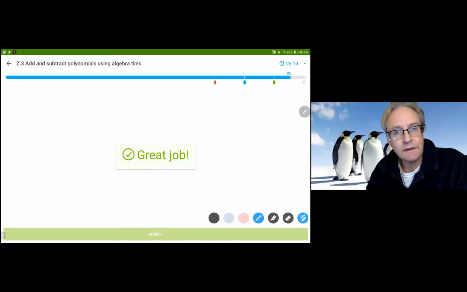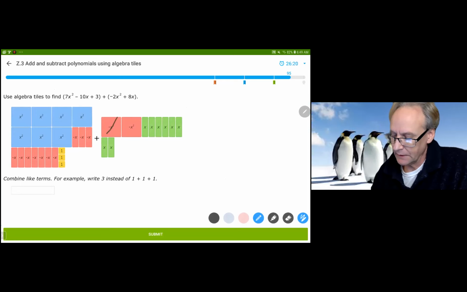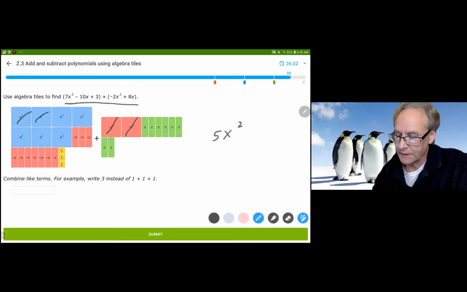I just can't see the sense of trying to force algebra tiles into something that makes them more difficult. Now, in this particular case, we could eliminate these x squareds, which is fine, but it's just so much easier just to see what's going on up here. That's going to give us 5x squareds, of course. Our negative 10x plus 8x is negative 2x. And we can see that these 1, 2, 3, 4, 5, 6, 7, 8 x's cancel with 8 of these.